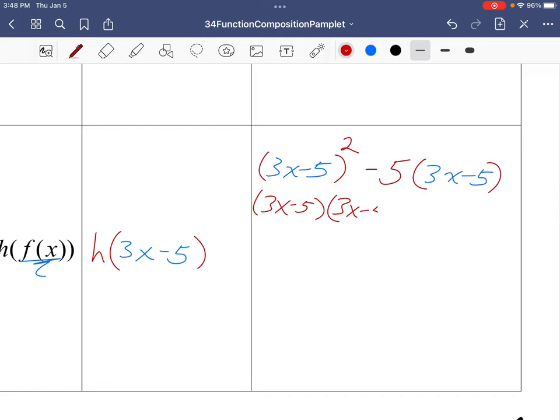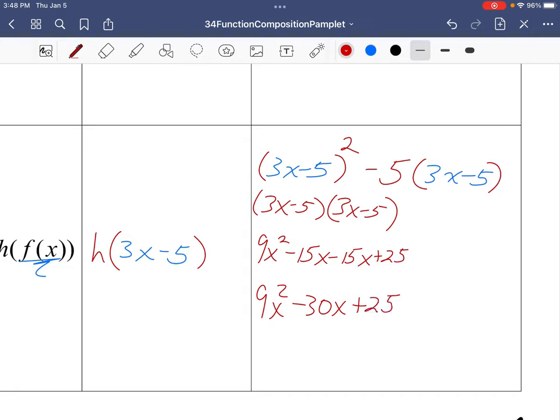3x minus 5 squared. Same as 3x minus 5, 3x minus 5. Very carefully, that's 9x squared, negative 15x, another negative 15x, and positive 25. Of course, those negative 15s are really going to become a negative 30x. How about over here?